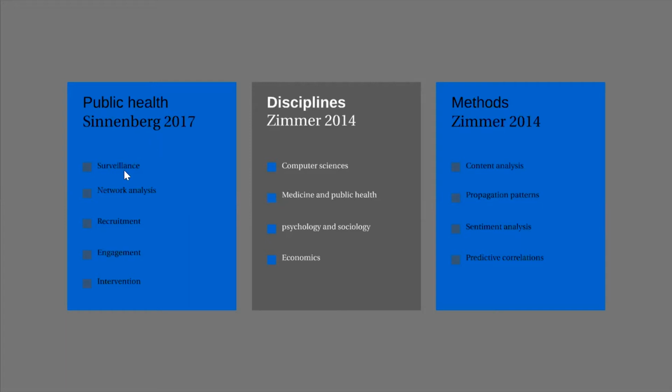These are public health research like surveillance, network analysis, recruitment, engagement, and even some kinds of public health interventions. Besides medicine and public health, different disciplines also use data from social networks, like computer science, psychology, sociology, and economics. All these disciplines apply different methods, from content analysis to propagation patterns, sentiment analysis, and predictive correlations.